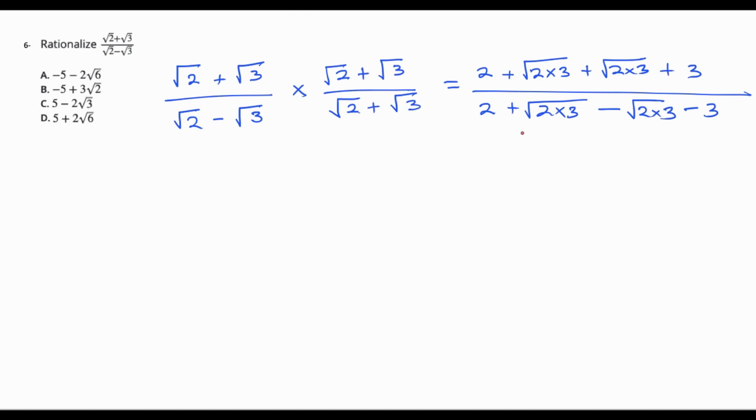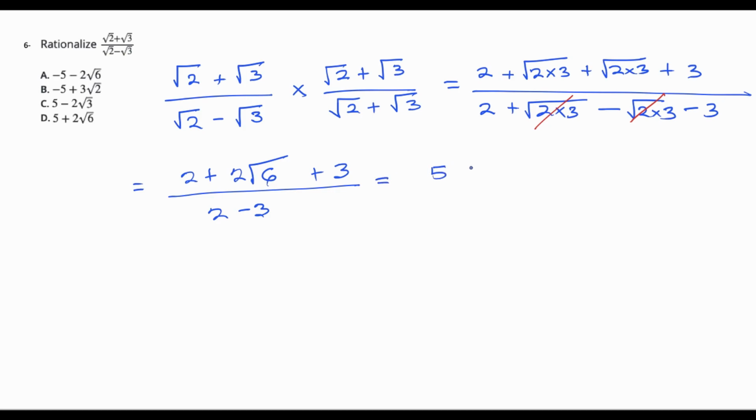So now we know that plus root 2 multiplied by 3 minus root 2 multiplied by 3 will cancel out one another. And so we can write down our new equation as 2 plus, this becomes root 6, and this becomes root 6 as well. So we have 2 root 6 here. So this is going to be 2 root 6 plus 3, all divided by 2 minus 3. So 2 plus 3 equals 5.